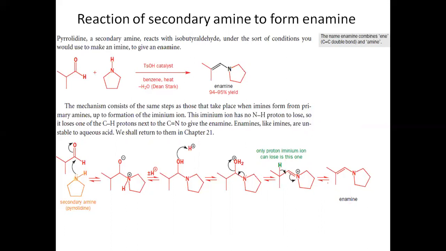So this is all about your hemiacetal formation first, then the acetal formation, imine formation, enamine formation. Hemiacetal and acetal formation can take place in the presence of acid and base. When aldehyde or ketone reacts with 1 mole of alcohol, it will give you hemiacetal.